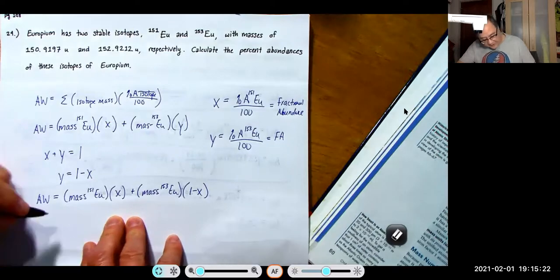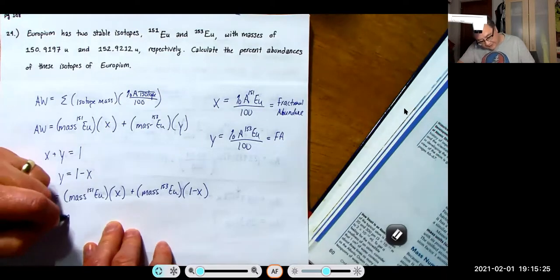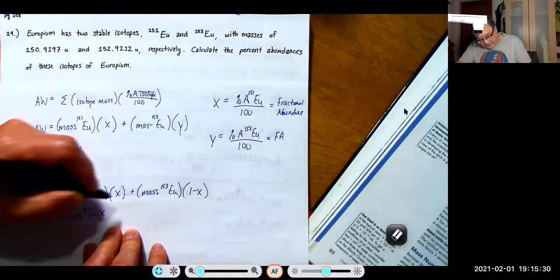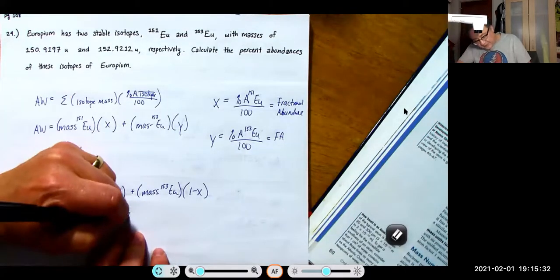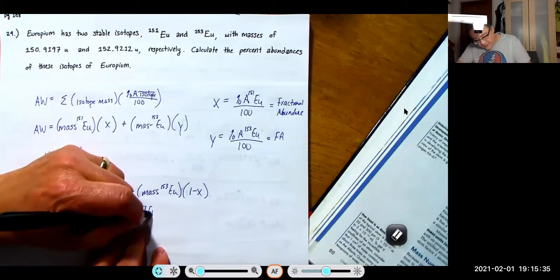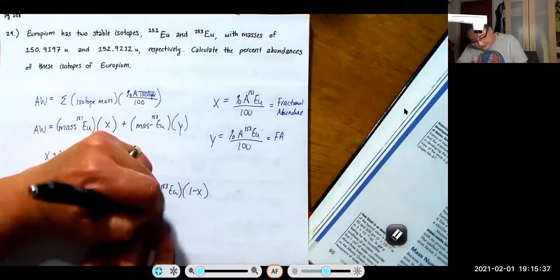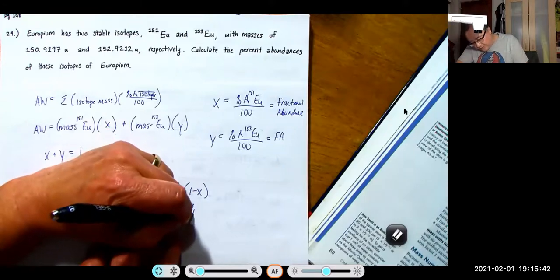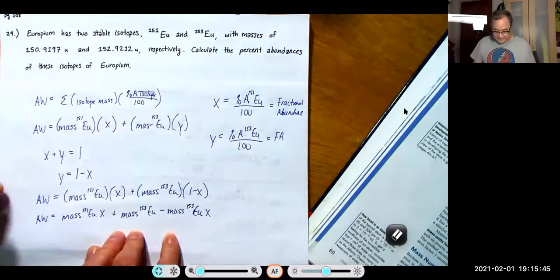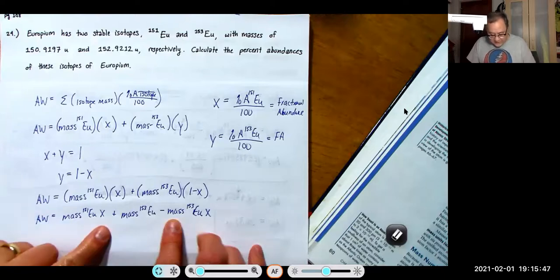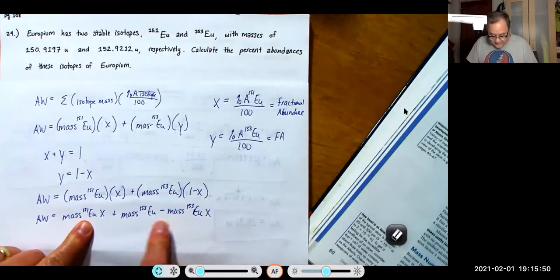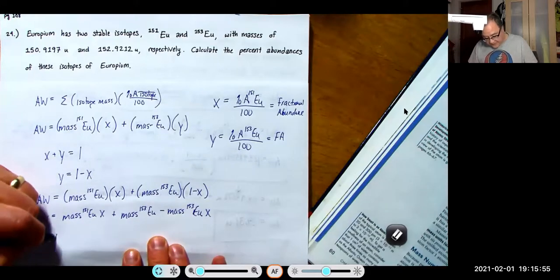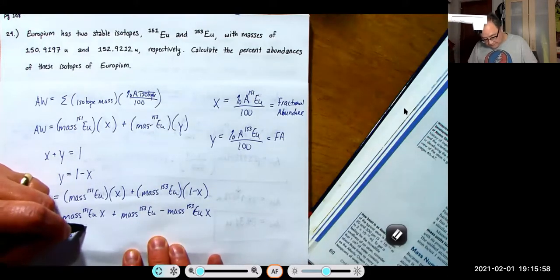And then what I would do is this: atomic weight is the mass of 151 europium times X plus the mass of 153 europium times 1 minus the mass of 153 europium times X. So here you can see that I probably want to take this and put it on this side, minus mass of 153 europium.